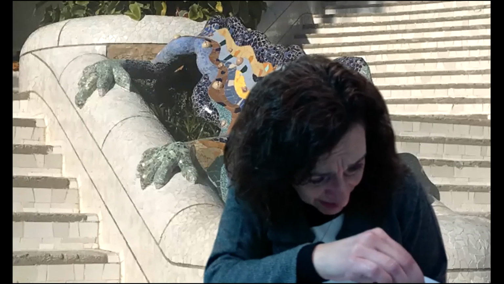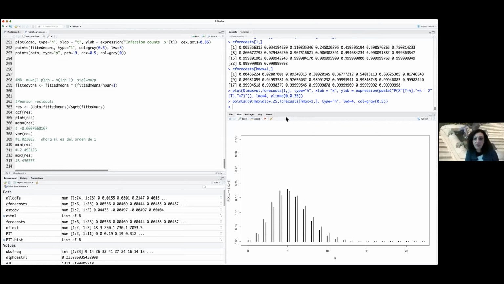Yeah, this is what I noticed also. I didn't say anything about forecasting. I had my forecasting example, which is a disaster. In fact, I have it here. Let me share. So you see in R, this is an example of a forecast distribution.